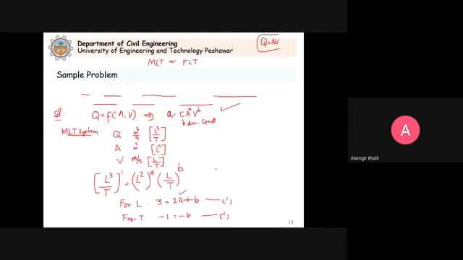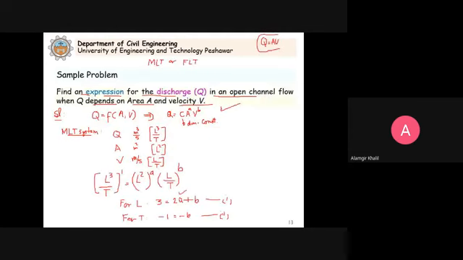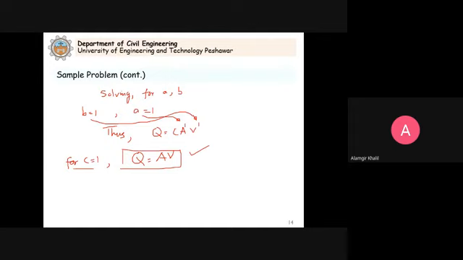This is the Rayleigh method. You write down the exponential equation, then we put the dimensions, we apply the principle of dimensional homogeneity, that the exponents of each dimension must be identical on both sides, and then we solve these equations to calculate the values of these exponents, and then we put them back in the equation and simplify.